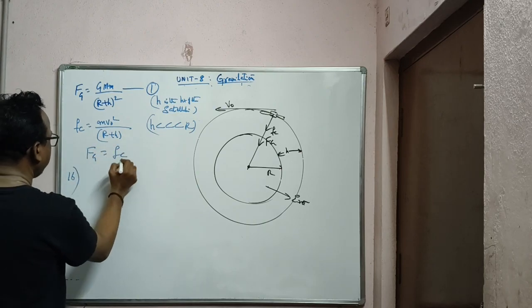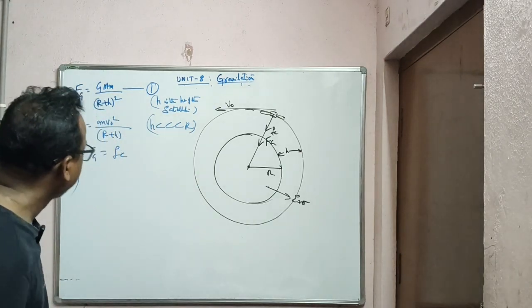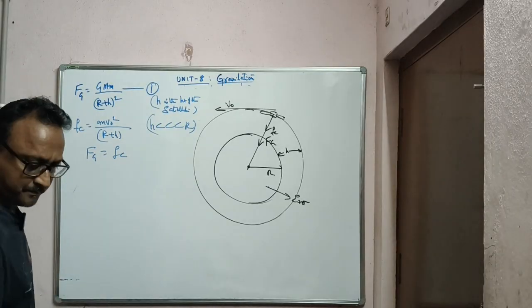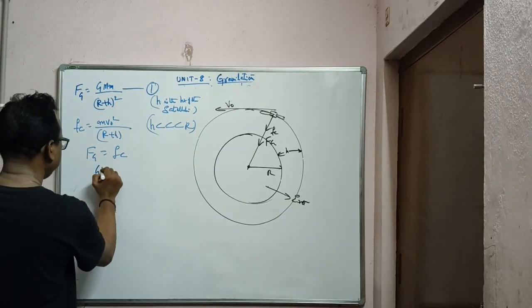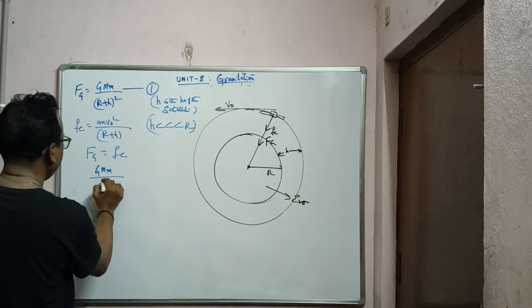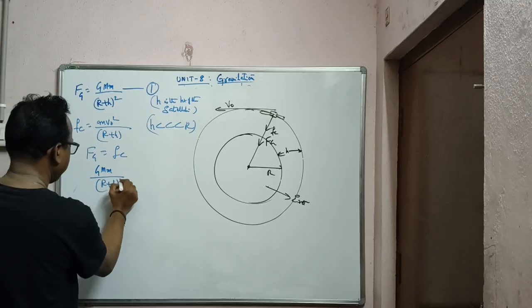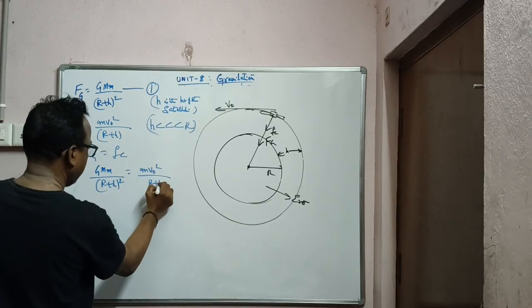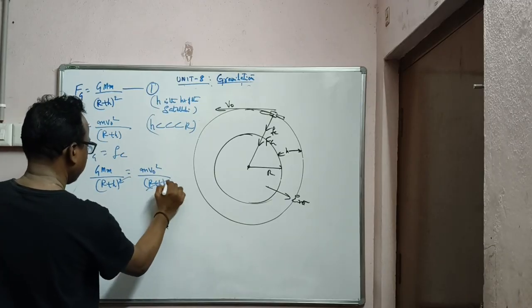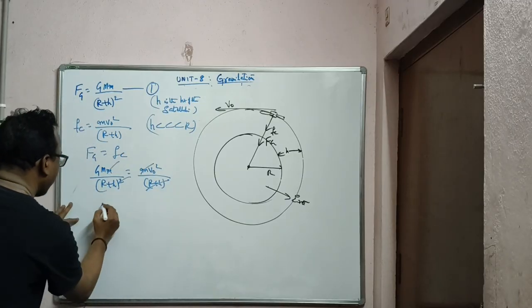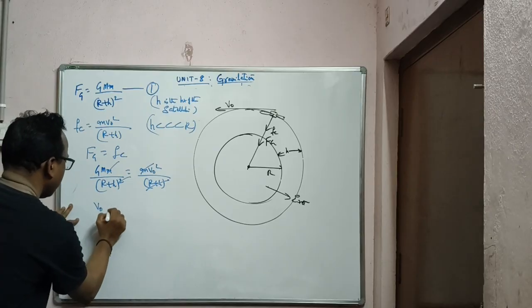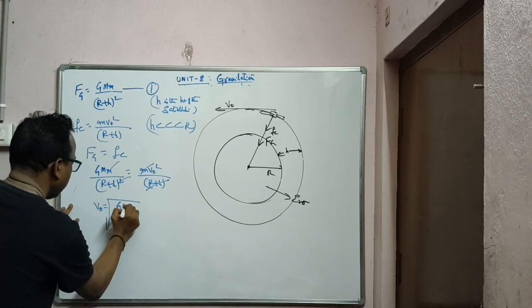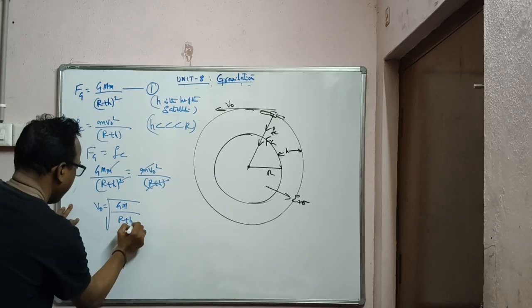Fg is equal to Fc for balancing. So therefore G M m by R plus H whole square is equal to m v square by R plus H. So therefore I got V0 as root over GM by R plus H.